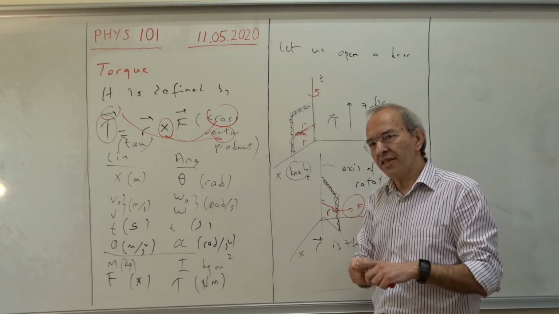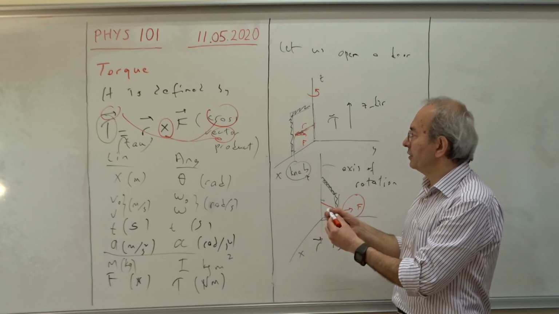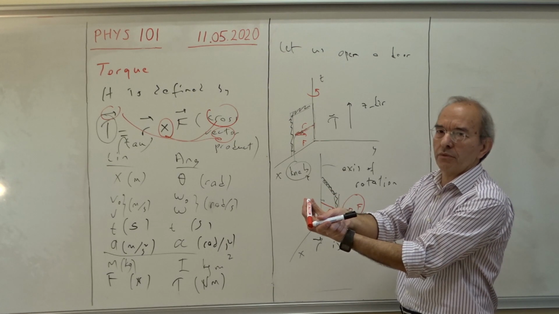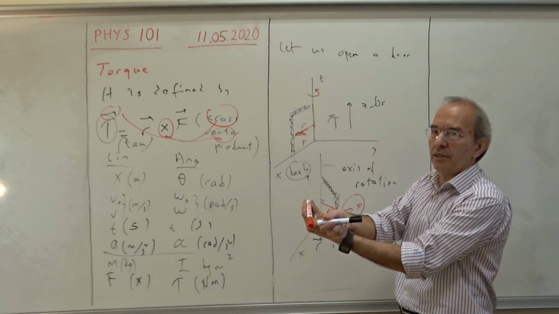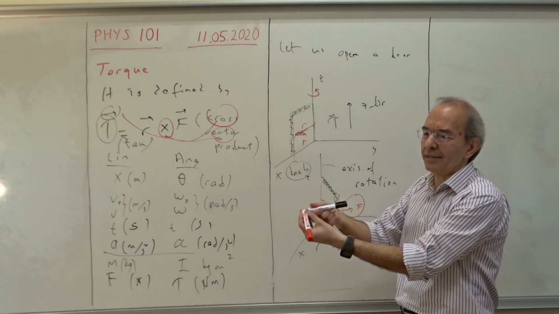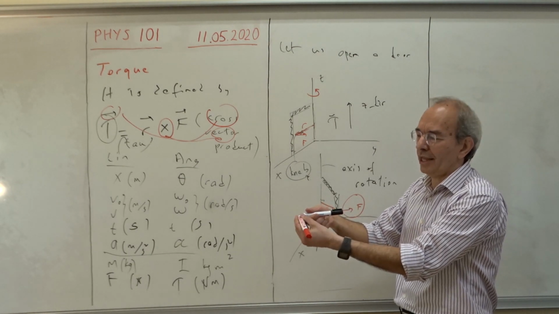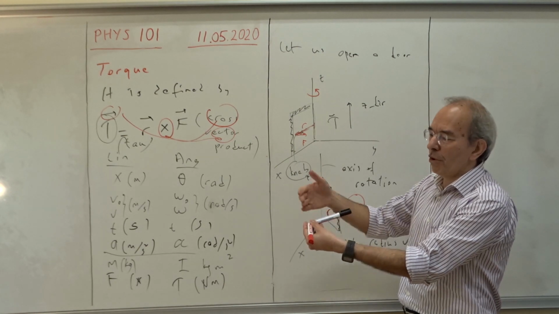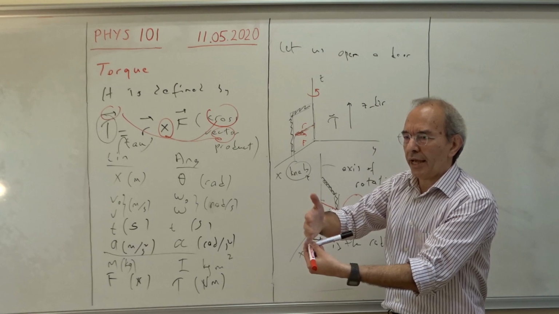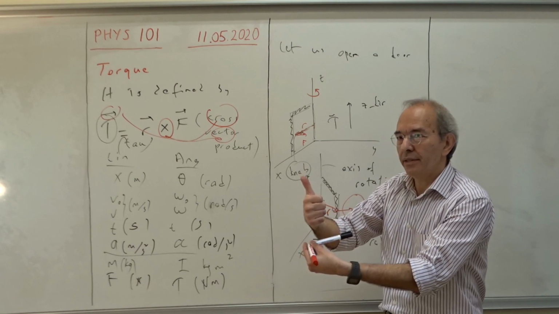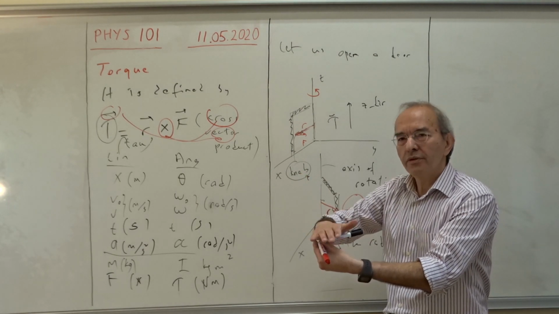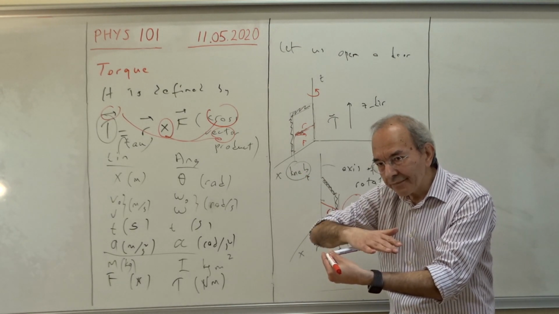You can also look at it the other way. For instance, R and F can be put like this. Not one end comes to the tip of the other, but maybe the two ends may correspond like this. But the order is from the first to the second, from R to F, from red to black. Again, your right hand thumb necessarily defines the direction which is perpendicular to this plane.